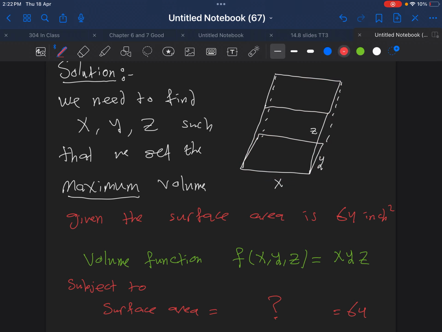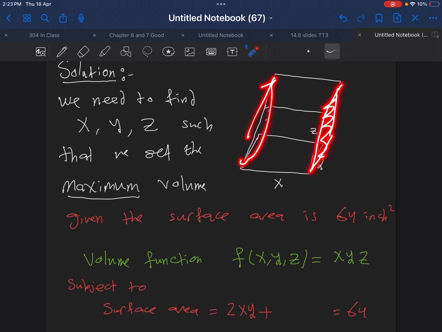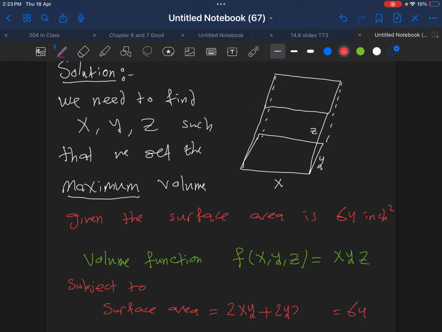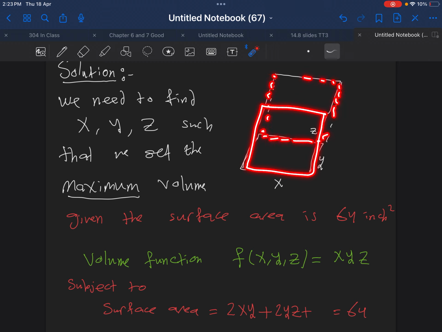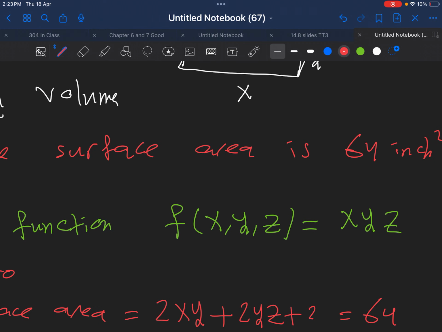So here we'll get not just xy, what we'll have is 2xy plus, we have one side here between y and z, and it's already doubled on both sides. So you will get 2yz. Finally, we'll have one part here, the one in front of the screen, and we have one in the back of the screen, which is between x and z. So we'll get 2xz.